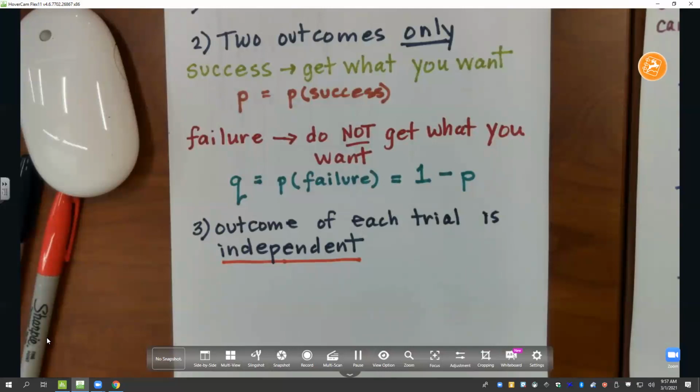Okay. If you want to think about it like drawing cards out of a deck. The idea here would be that if I let Raphael draw the first card, he's going to draw it and look at it, and he's going to put it back in the deck. Okay, so that I still have 52 cards in my hand. Then I'm going to walk over to Matthew and let Matthew draw.